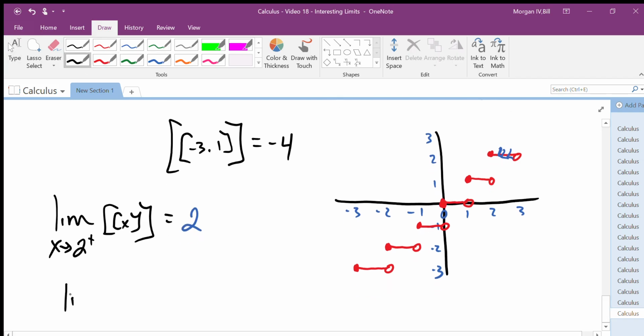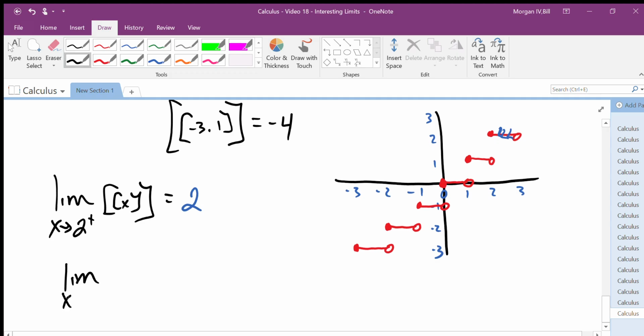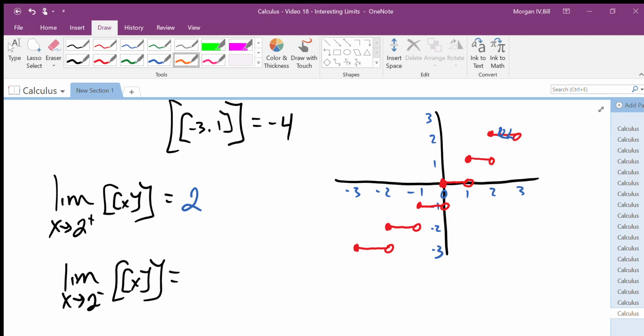But from the left, we see that the y value, as you approach 2 from the left, is getting closer to 1.